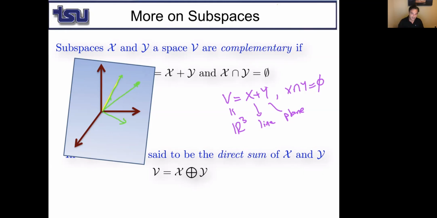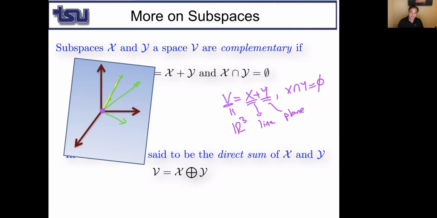Therefore, we say that V is the sum of X and Y. Additionally, the line and the plane intersect only where? Only at the origin, as you see here. So the intersection is the empty set. They do not intersect. I mean, that's only the identity element. Therefore, we say that in this case, the line and the plane are complementary.